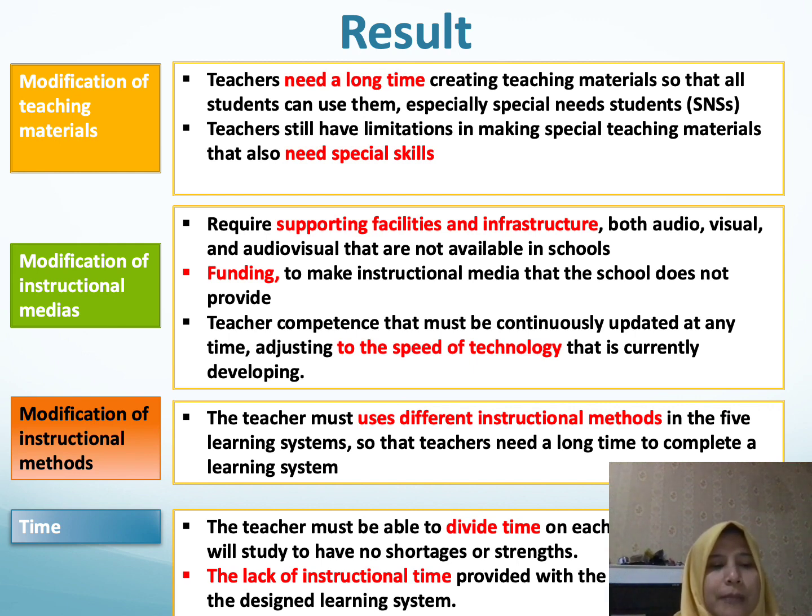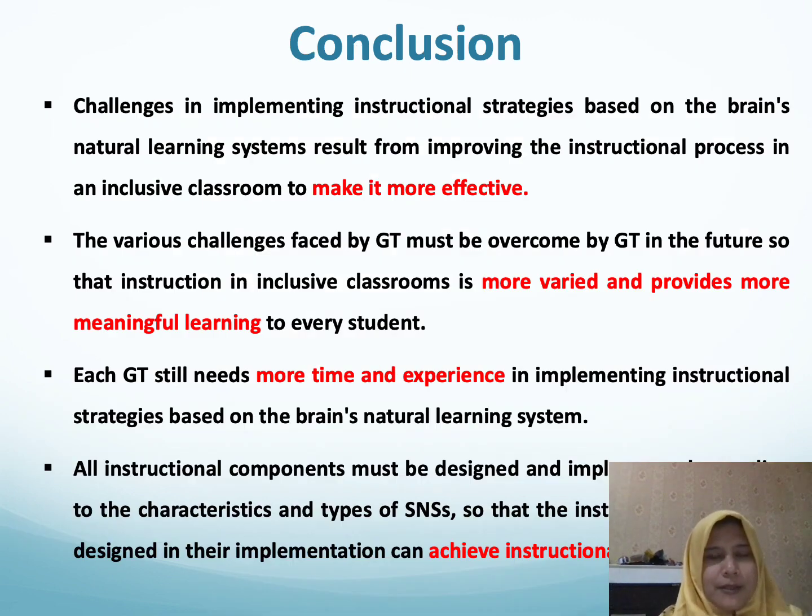And then we make a conclusion from our research. First, the challenge in implementing instructional strategies based on the brain natural learning system results from improving the instructional process in an inclusive classroom to make it more effective. The GTs give an opinion about these instructional strategies when they compare them to the instructional strategies that they always use in their instruction.